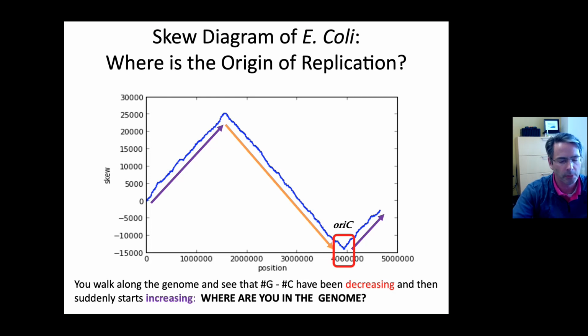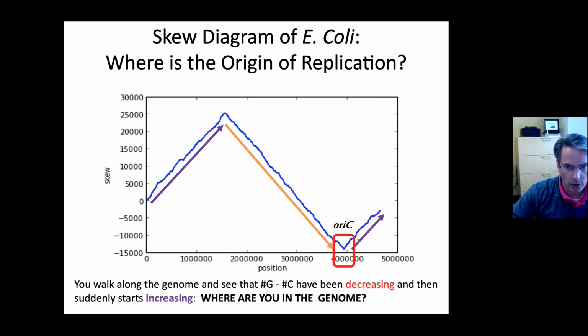So in that big pool of k-mer clumps from the clump finding algorithm, which of those highly unlikely clumps of binding sites is the actual origin of replication? Well, now we have more biological information to suggest that if we can find the position in the genome that minimizes the skew, this point right here where we get that inflection, and there's a clump there, that is most likely the origin of replication.